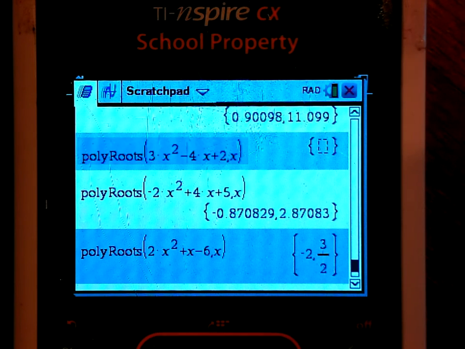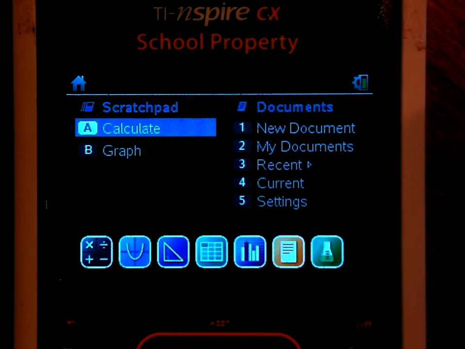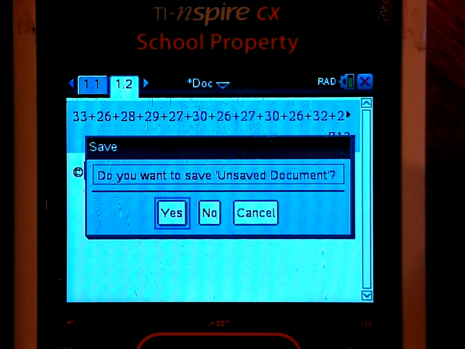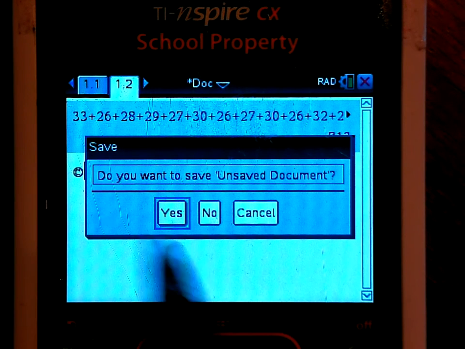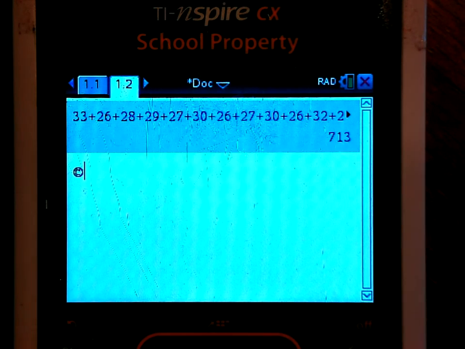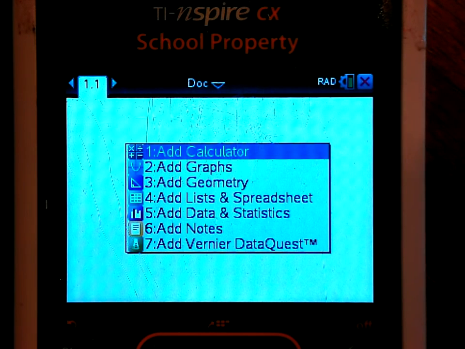Now, the second way we might want to solve this is by using graphs. So if I hit my home button here, and then I go to new documents, and if you ever have something open, it's going to ask you, do you want to save the unsaved documents? And usually I always say no. Then it'll ask us what kind of document we want.